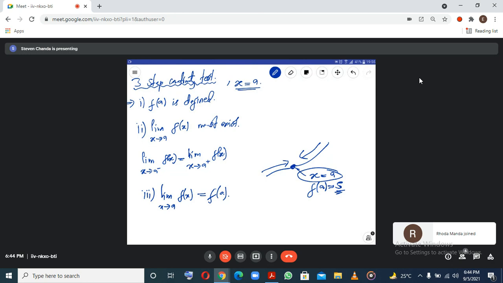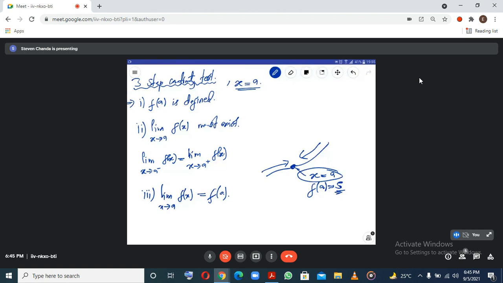But imagine your limit is 5 and f of a is something like 10. That means there's a discontinuity, because how can your limits, which are pointing you to this point, have a different value from the value of the function at that point? So these are the three steps you have to take for a continuity test.